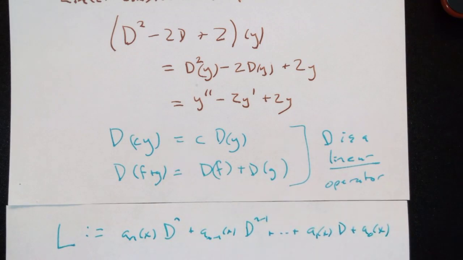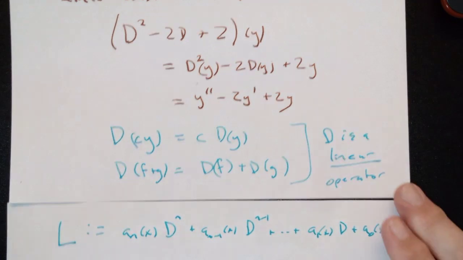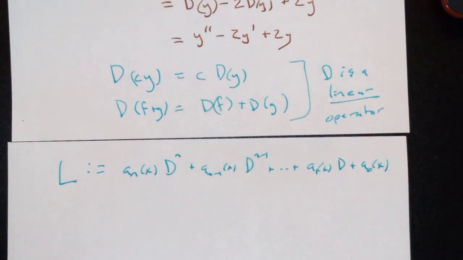Notice that looks exactly like our differential equation, only instead of y's and y derivatives, I now have D to the n and D to the n minus 1 all the way down to D. And then on the end, I have nothing. That's an identity.